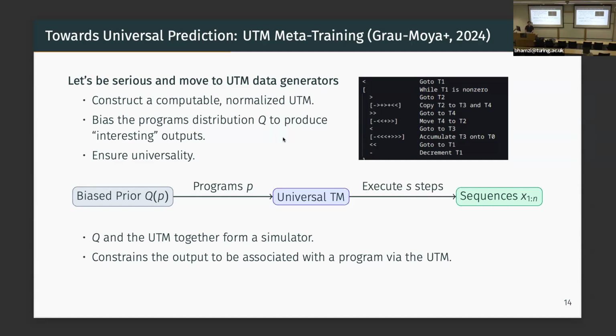The way we did it was very simple. We just had an order 2 Markov model, so given a context of 2 symbols. I think what we did was we drew from a uniform prior, and then we simulated the Turing machine.